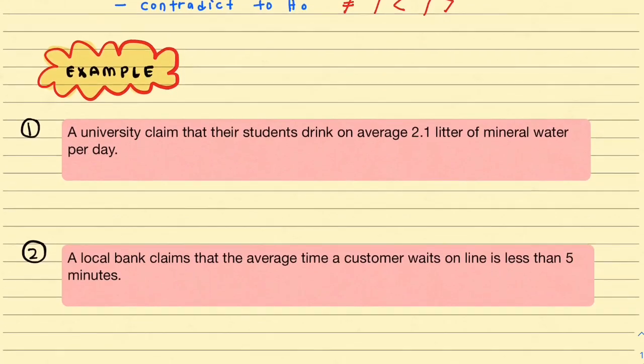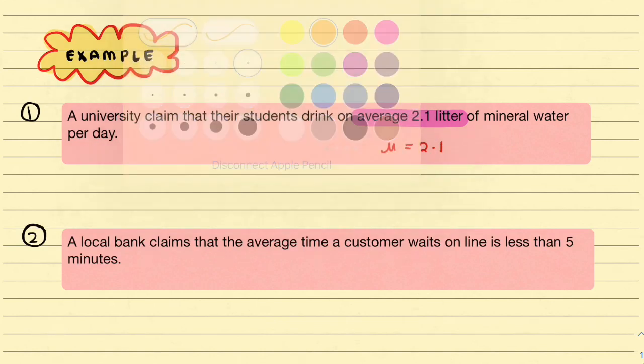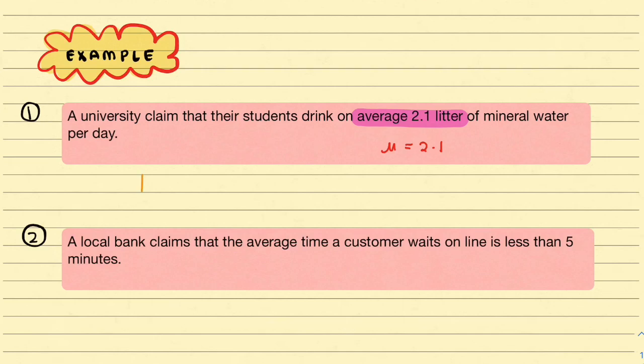Okay, let's look at the example for the first step. A university claimed that their students drink on average 2.1 liter of mineral water per day. So mention here average 2.1 liter. So the parameter used is average, mu equal to 2.1 liter. So you have the equality statement there, so that one will be at your null hypothesis.